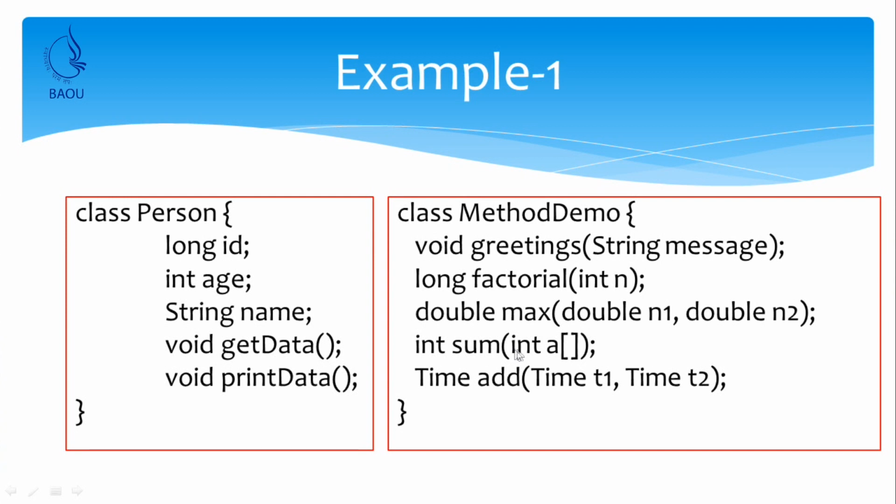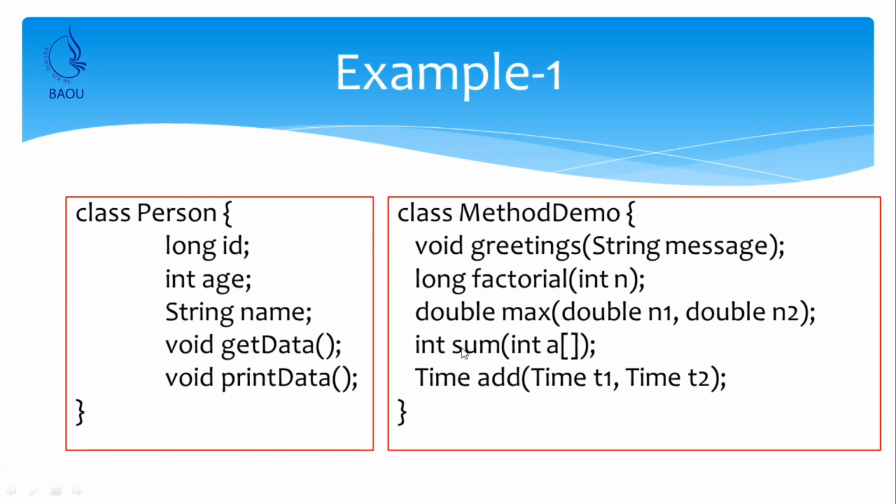Here an integer array is an argument and the sum of all elements is returned by this method and the return type is integer. You can have long also, it depends on your data, whether your data is very large. Some may be outside the range of integers, so at that time you can also take long as a return type.